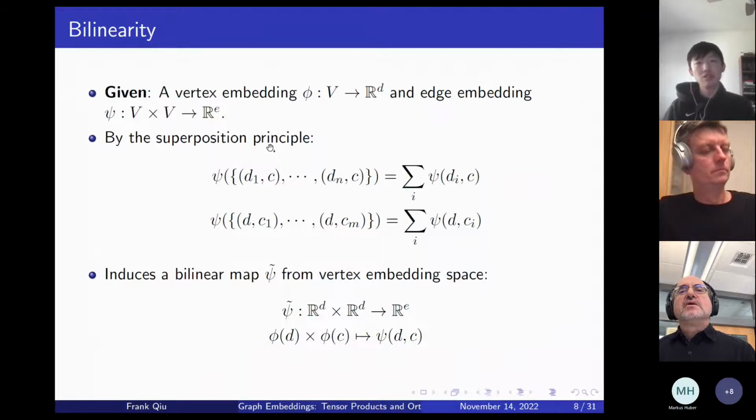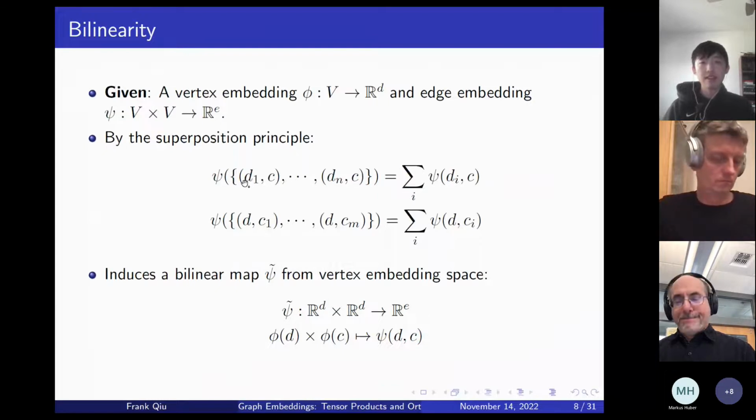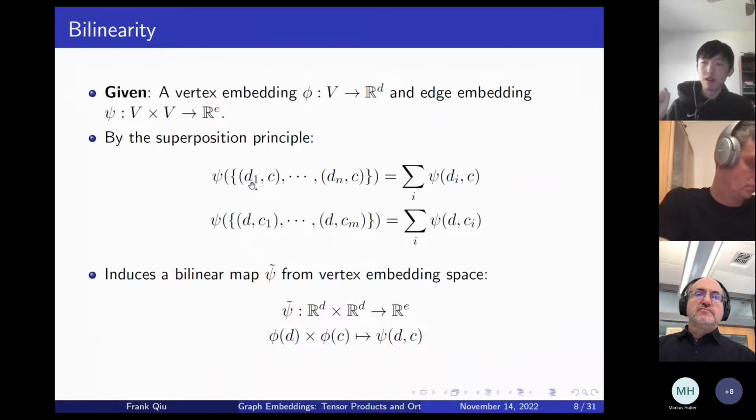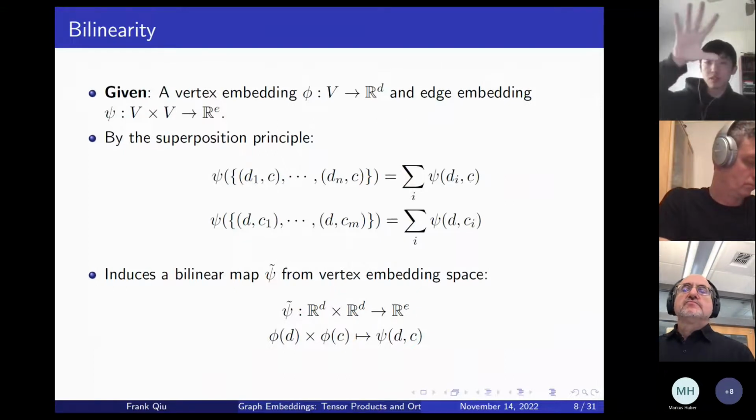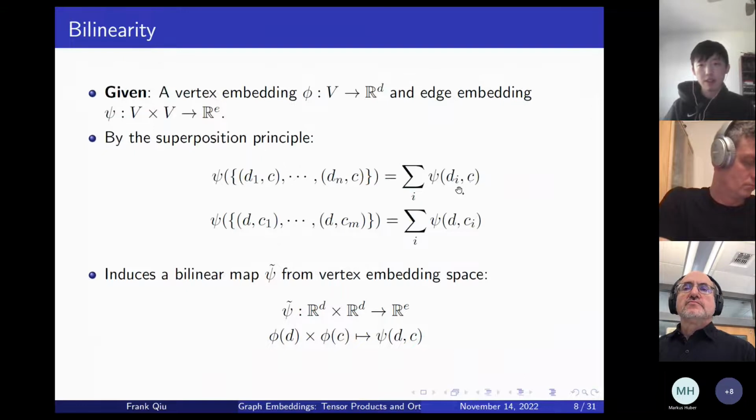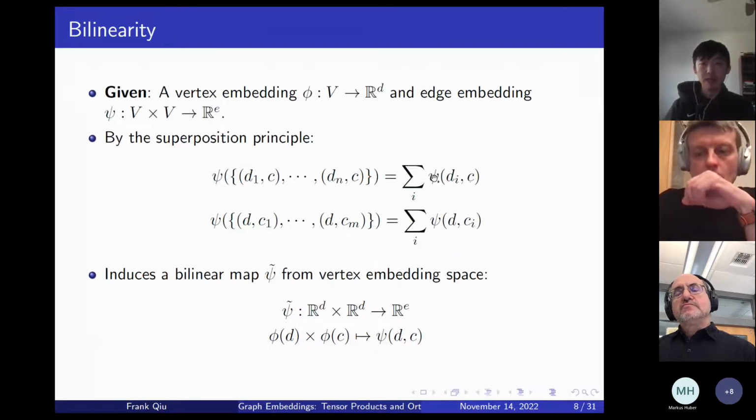So, superposition, I think by that I mean we want to represent a set as a sum of its constituents. So, if we're considering a case where we have an edge set with a bunch of different sources pointing into the same target, then naturally this requires, if you think of union as addition, that the edge embedding be linear in the first argument.